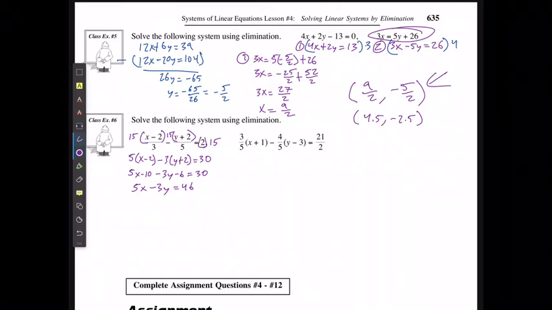In the second case, the common denominator is going to be 10. So I can multiply all of these by 10 and then divide it out.